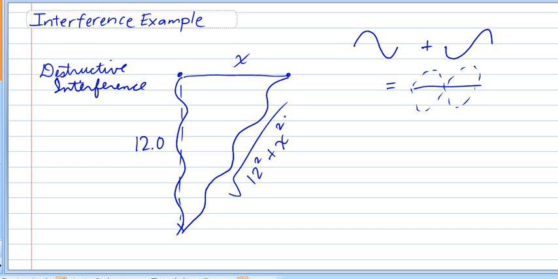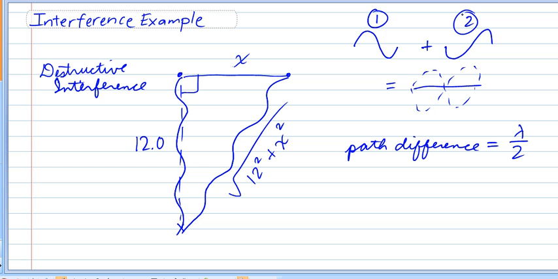We basically want the extra distance that the second wave travels, the hypotenuse, that extra path difference, to be at least half a wavelength. That's the only way that we can get destructive interference. So you can see that wave number 1 and wave number 2 are off by exactly a half wavelength, and you can see that if I were to continue them.